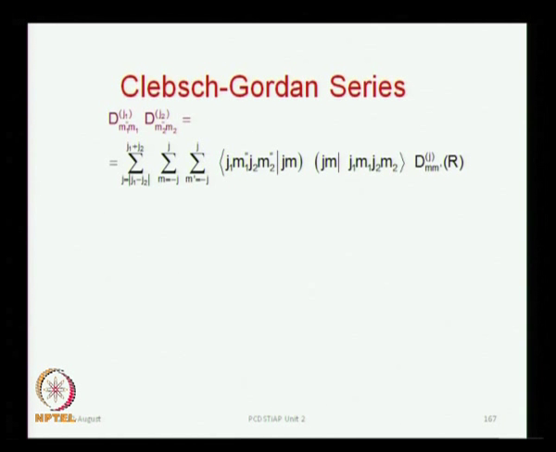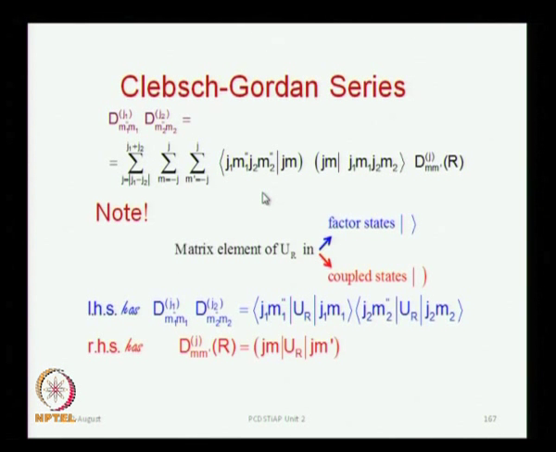Now, there is another theorem which gives us a result known as the Clebsch-Gordan series. This is also a very important relation, so I will establish this as well, and this equation is what is called the Clebsch-Gordan series. Notice that on the left hand side you have the product of two rotation matrix elements, and both of these are in the factor states.